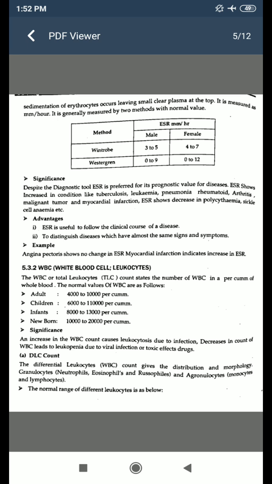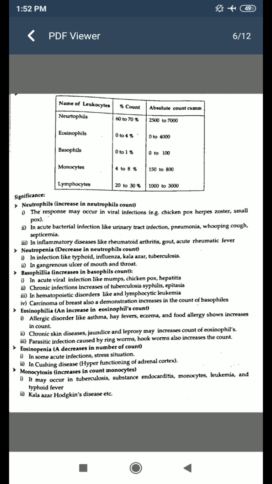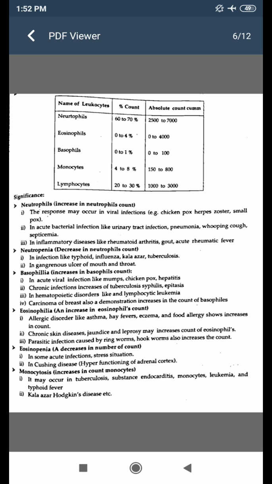Then basophils 0 to 1% and 0 to 100 absolute count per cumm. Then monocytes 4 to 8% and 115 to 800 per cumm. Then lymphocytes 20 to 30% and 1,000 to 3,000 absolute count per cumm.